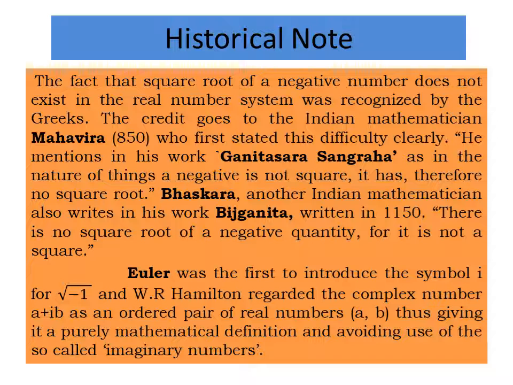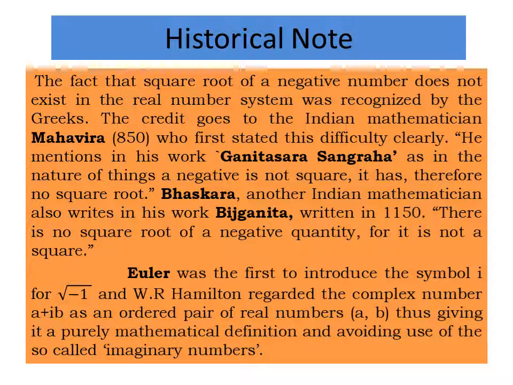You know all about this. The square of any number becomes a positive number. Therefore, the fact that the square root of a negative number does not exist in the real number system was recognized by the Greeks. But the credit goes to the Indian mathematician in 850.